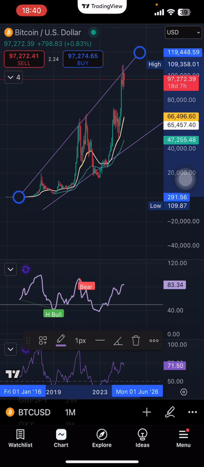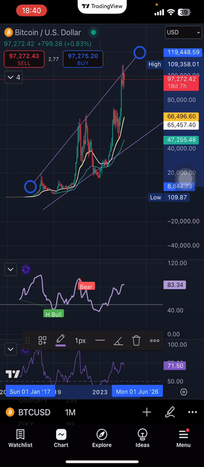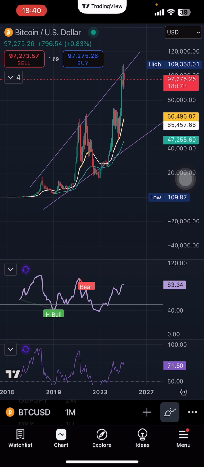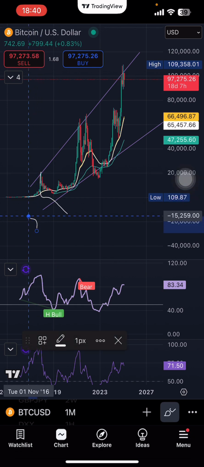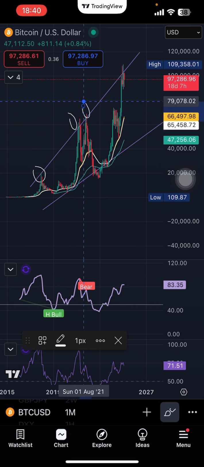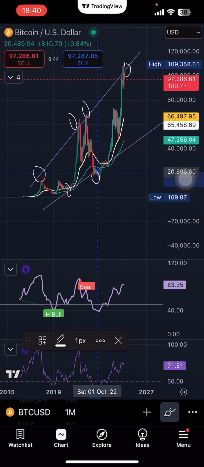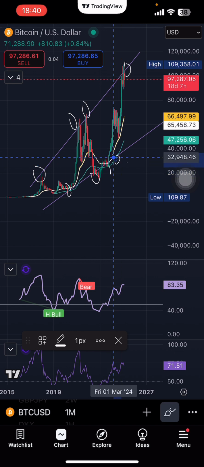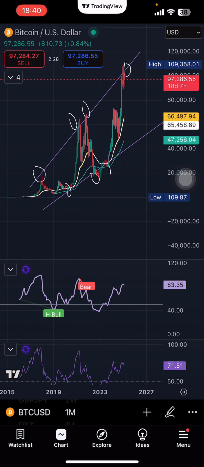So if you look at this zone, you see that we have multiple touch zones. So we have here 1, 2, 3, 4. 1, 2, 3, 4. So I'm going to delete this as an example.